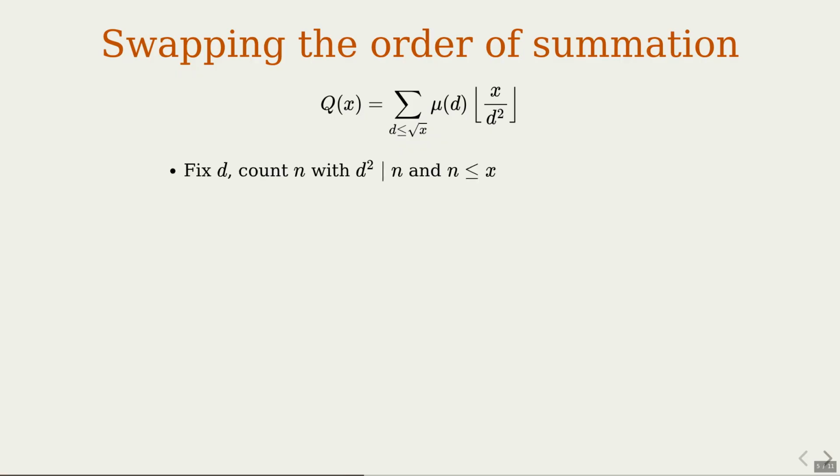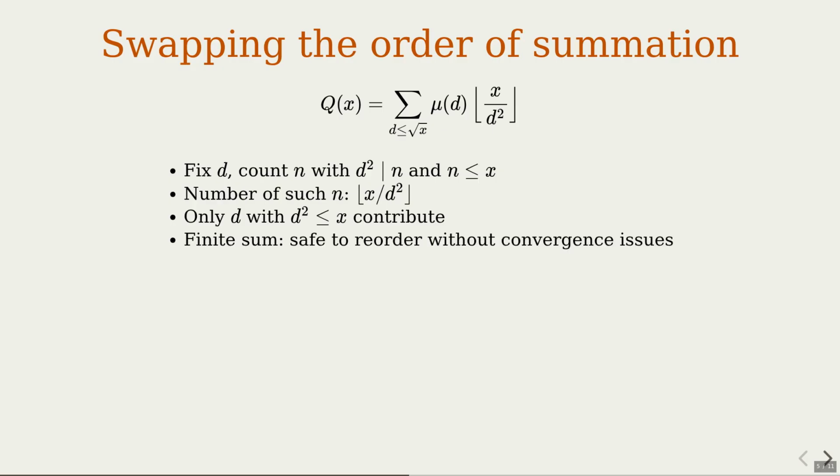For a chosen d, the multiples of d squared up to x are exactly the n that contribute for that d. The count of those multiples is the integer part of x divided by d squared, which is shown in the floor function. If d squared is already larger than x, there are no multiples at all, so those d values do not appear in the sum.